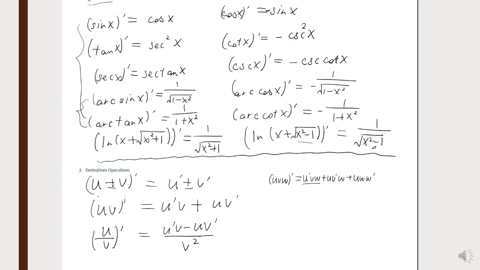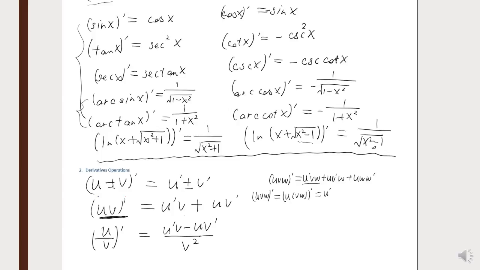I will give you some hint here. For uvw, we understand that there is the associative law. So we can look at the three function multiplication as u times vw, like this, right? Now we can follow the two item multiplication derivative case.